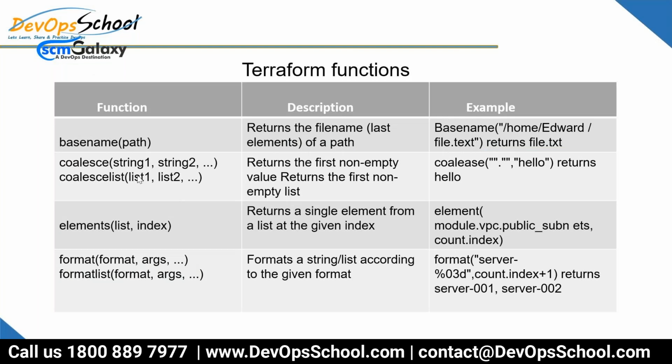One is basename, which takes a path as input and returns the file name, the last element of the path. We also have the coalesce function, which takes two or multiple strings and returns the first non-empty value. The element function requires a list and an index, and returns the single element from the list at the given index. You can see some examples on the right side.